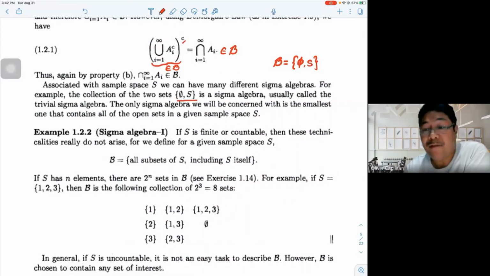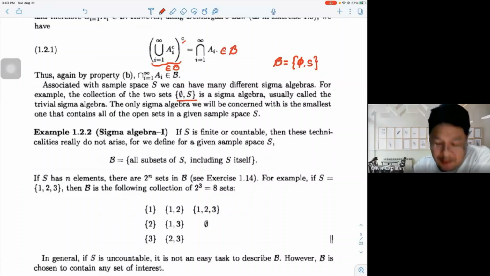So if S is finite or countable, then these technicalities, in other words, if S is finite or countable, then we can define our sigma algebra script B to be the set of all subsets of S, including S itself.